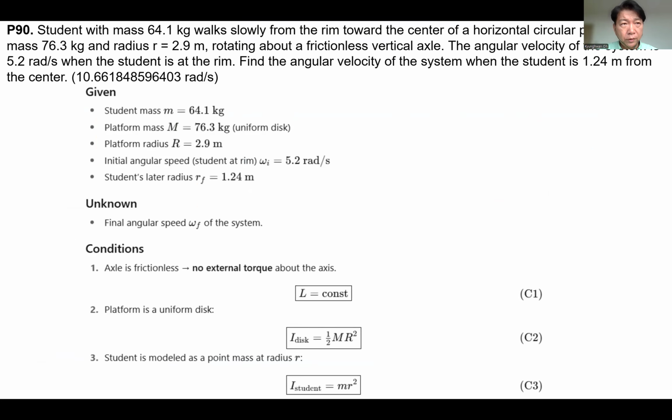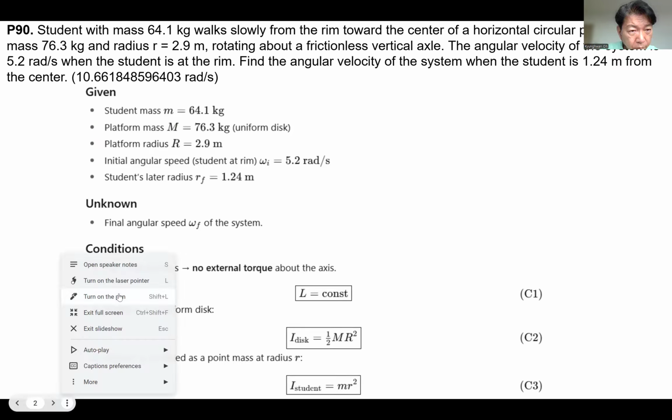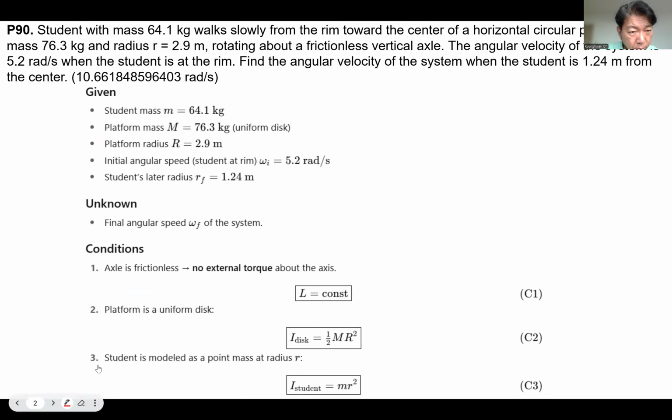So we have solved this P90 during the classroom. It is about the angular momentum conservation. And in this problem, we'll identify the situation.